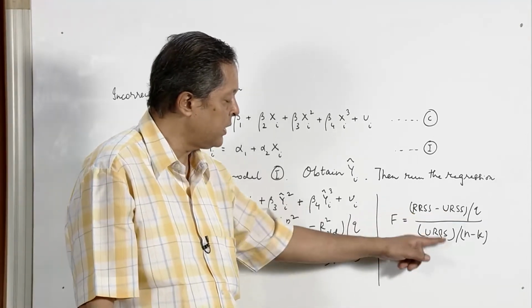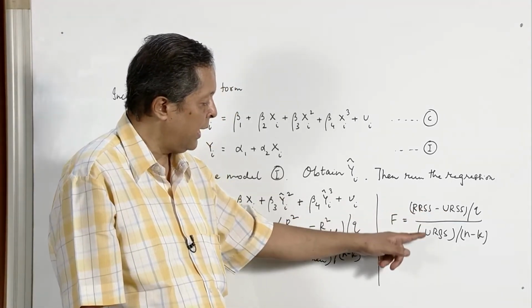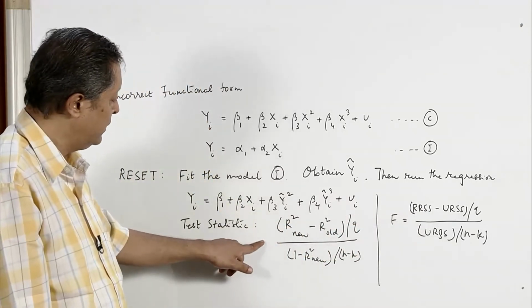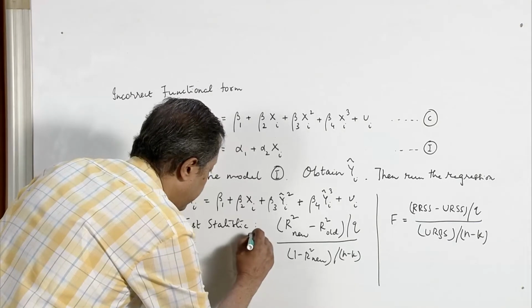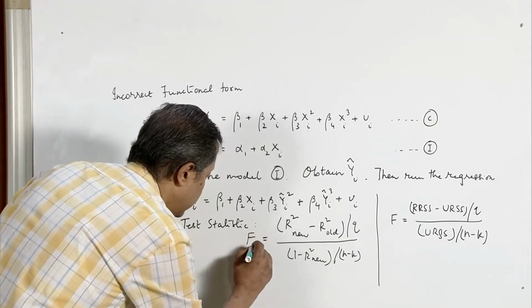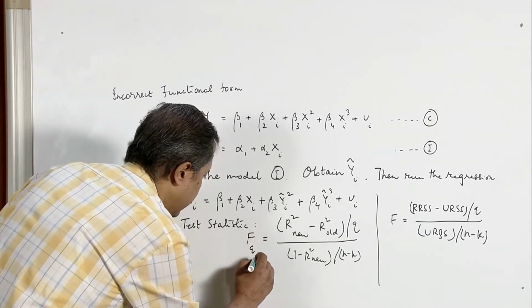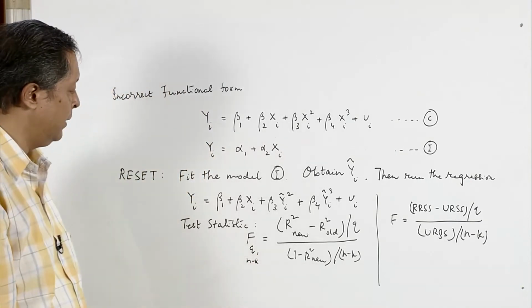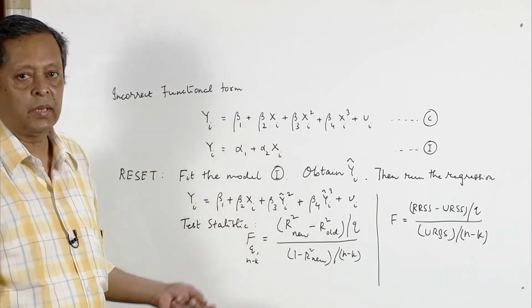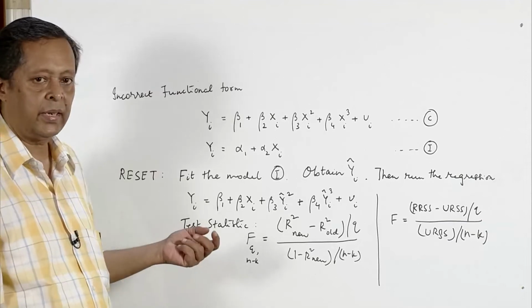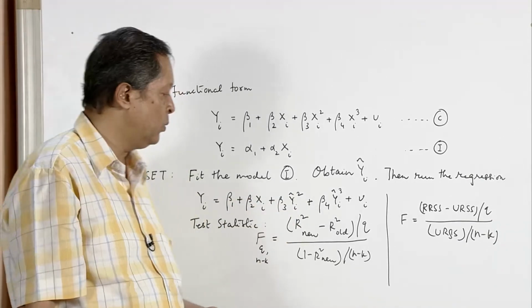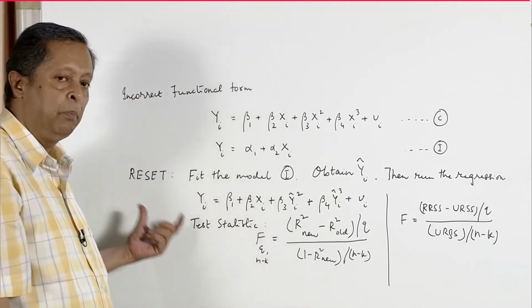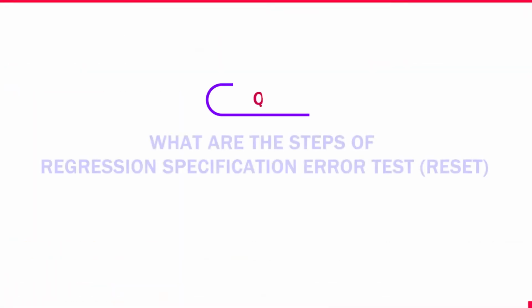So, this divided by total sum of squares both in the numerator and denominator will fetch us this test statistic, which is nothing but F is equal to this with q and n minus k degrees of freedom. And then we know from our earlier modules how to use the test statistic to test H naught that beta 3 and beta 4 are both equal to 0. So, this is one important test that we can carry out.